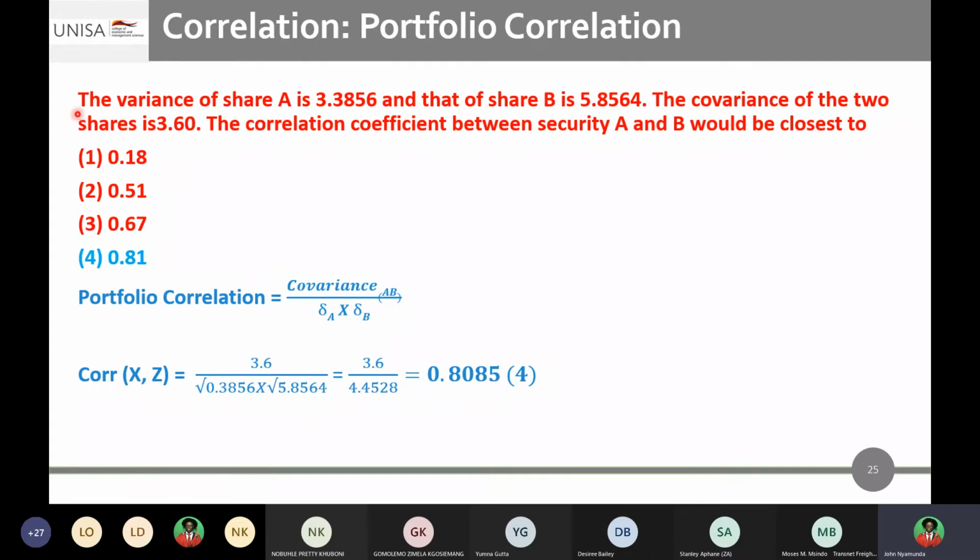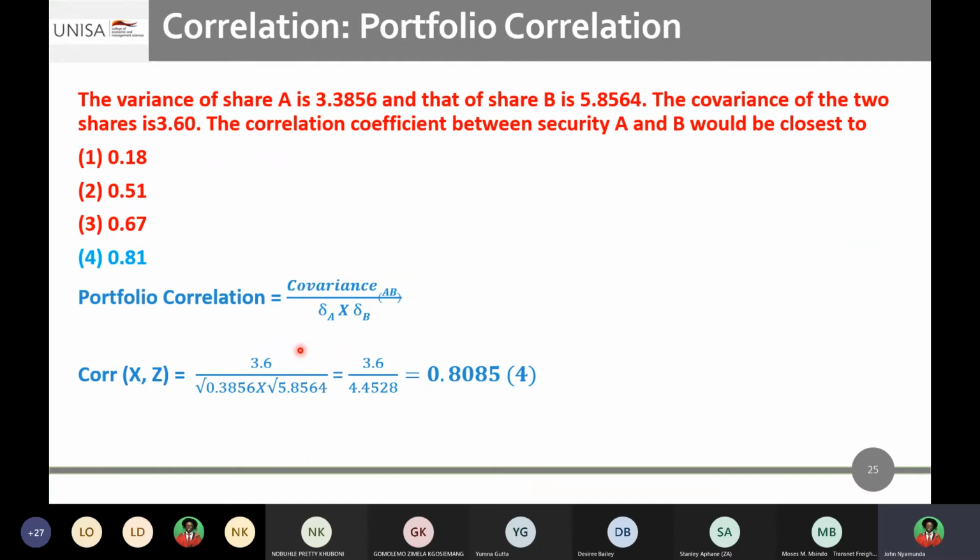The question says the variance for share A is 3.3. This is not standard deviation, it's a variance. You were rushing. So you should take the square root of 3.3856, and the square root of 5.8.